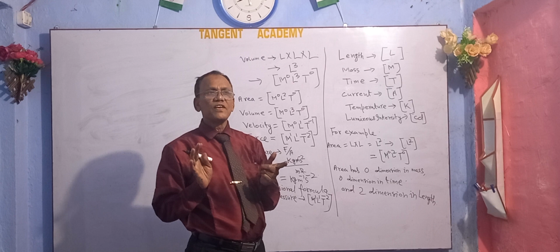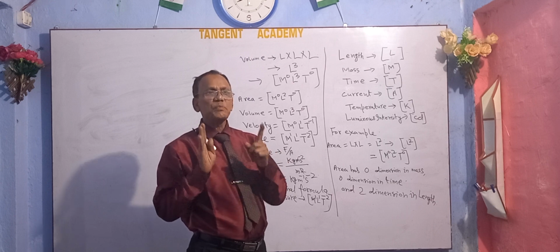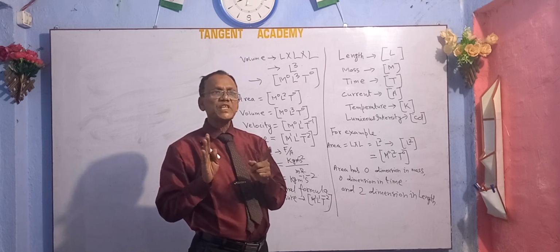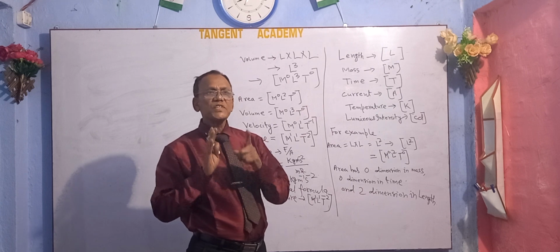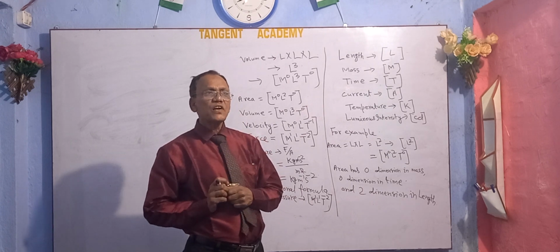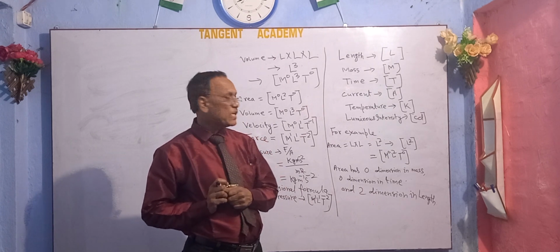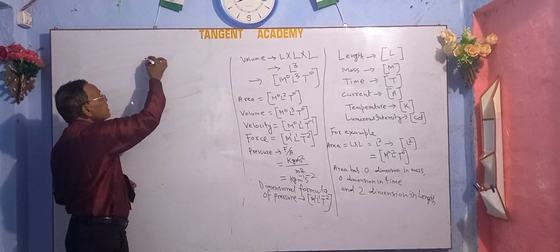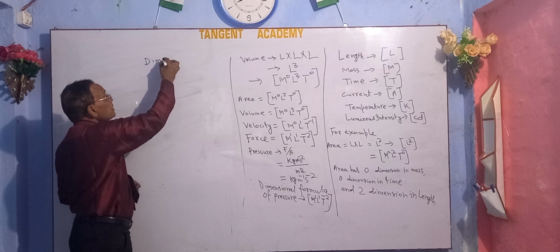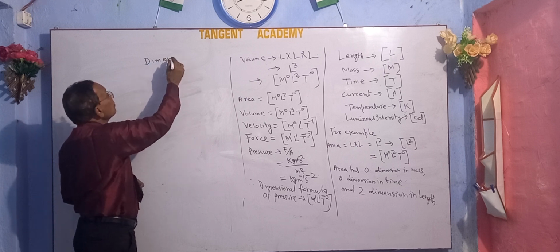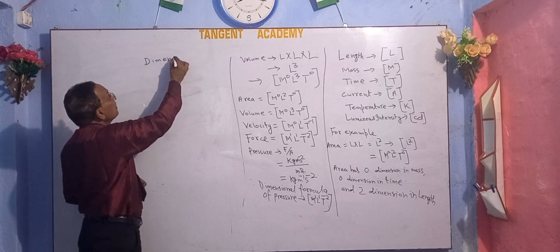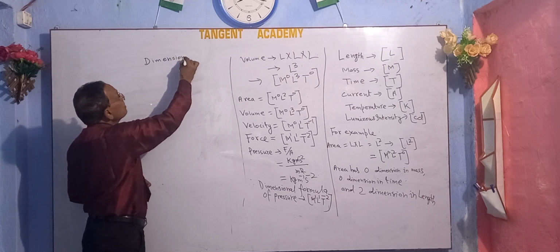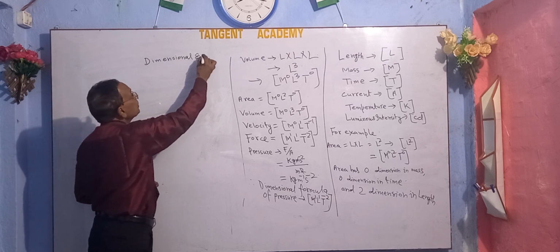Again, listen: an equation obtained by equating a physical quantity with its dimensional formula is called the dimensional equation. These are the dimensional equations which are going to be written on the board. Dimensional equation.